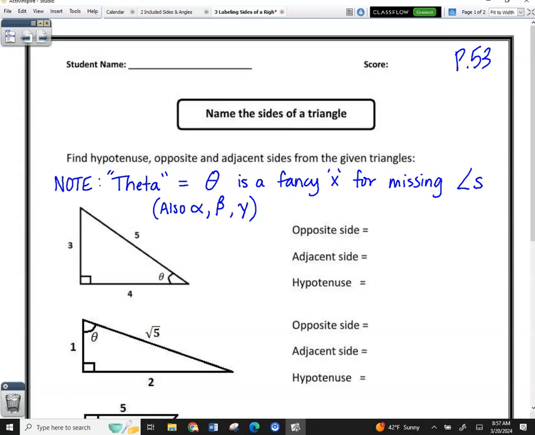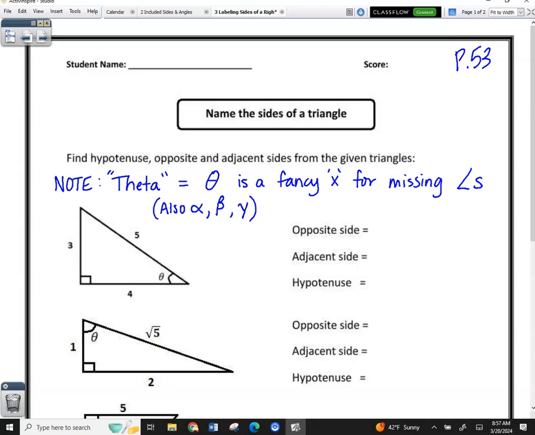Now, here's why theta is important. Come right here to this right triangle. You've already been practicing labeling the hypotenuse. Go back to yesterday and the day before and draw the thing on the triangle that I said to draw that will identify the hypotenuse. What was it? We said draw an arrow.